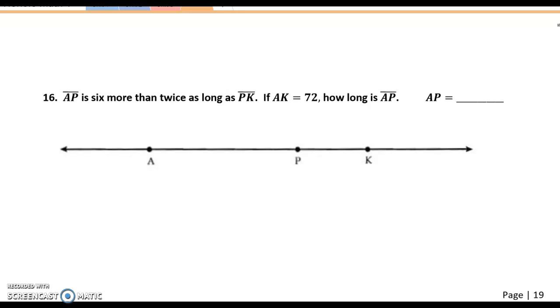You're going to have to also write your own expressions for the different segment lengths. If we let PK have a length of x, and since AP is 6 more than twice as long as PK, an expression to represent the length of AP is 2x plus 6.